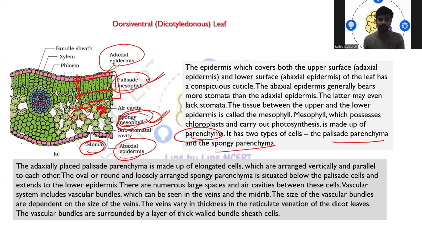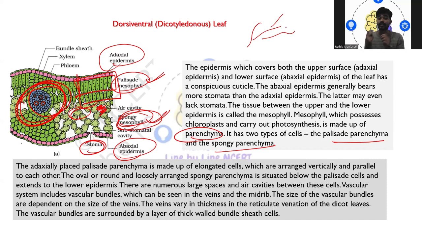Then, looking at the vascular system, it includes the vascular bundles, with bundle sheath, which can be seen in veins and midribs. The size and thickness of the veins varies depending upon the leaf of the dicot.